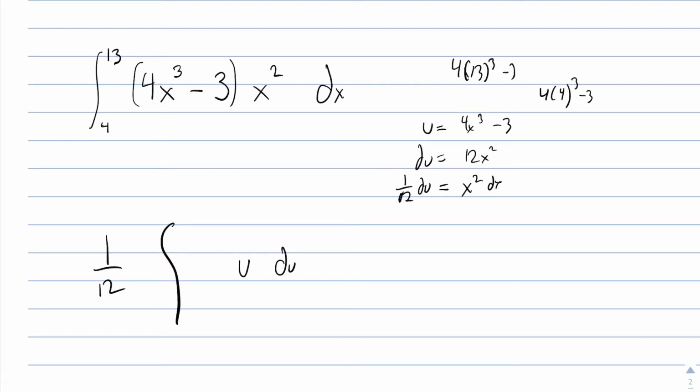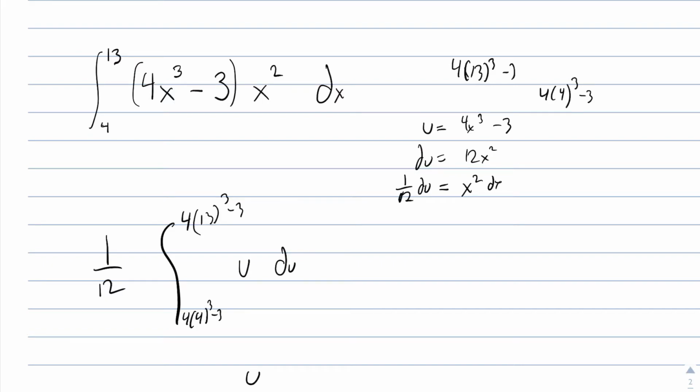And those are pretty big, so I think I'll just leave them like that. I might even go back and change it into terms of x later on, because in this case, that would seem to be the best way to figure out the area of this function. So 13 cubed minus 3, 4 to the third minus 3.